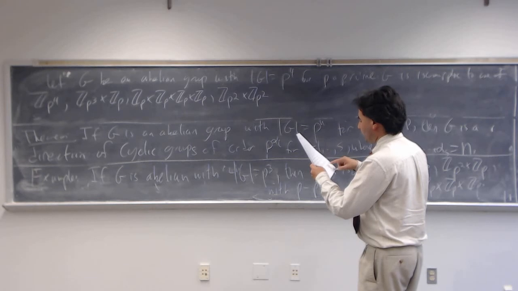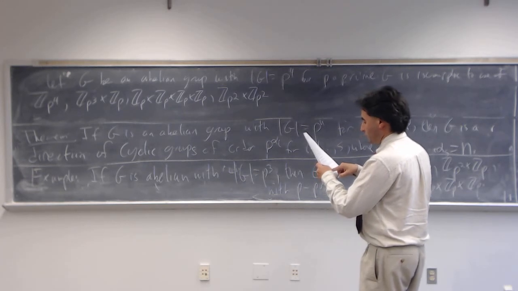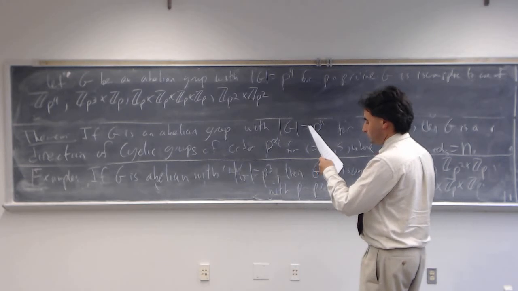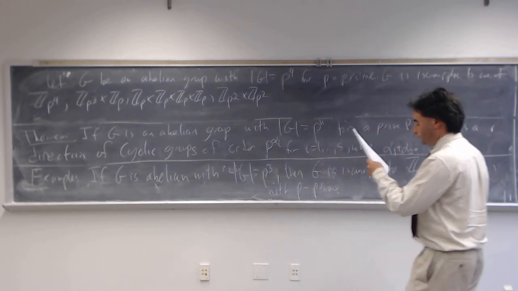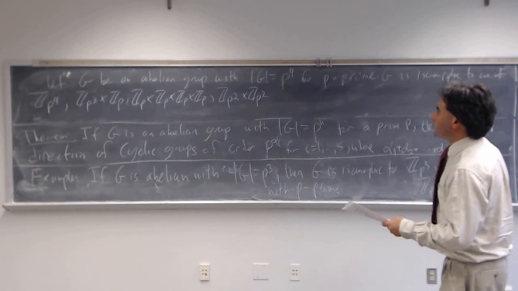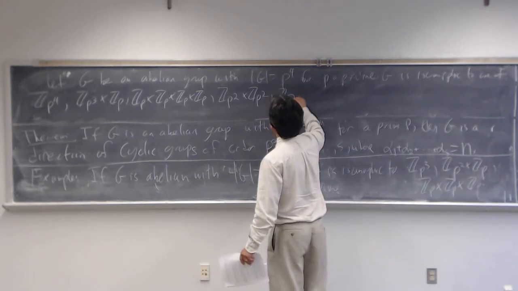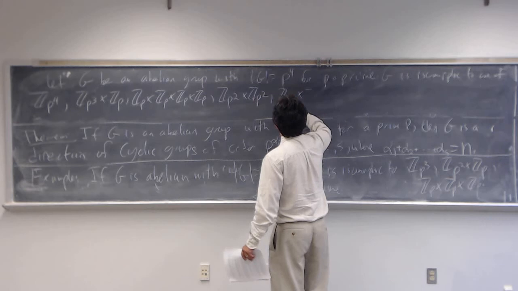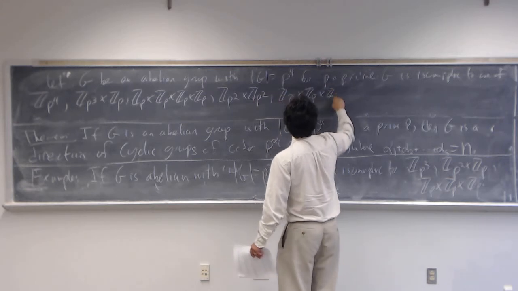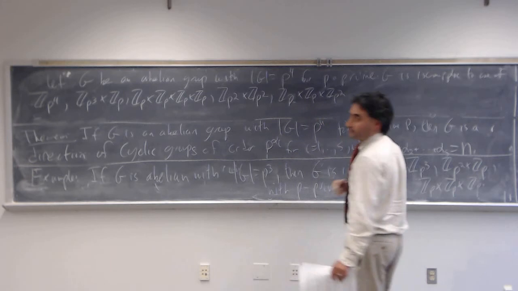I think I got them all: 1, 2, 3, 4. I think there's one more, but we also could have Zp cross Zp cross Zp squared.